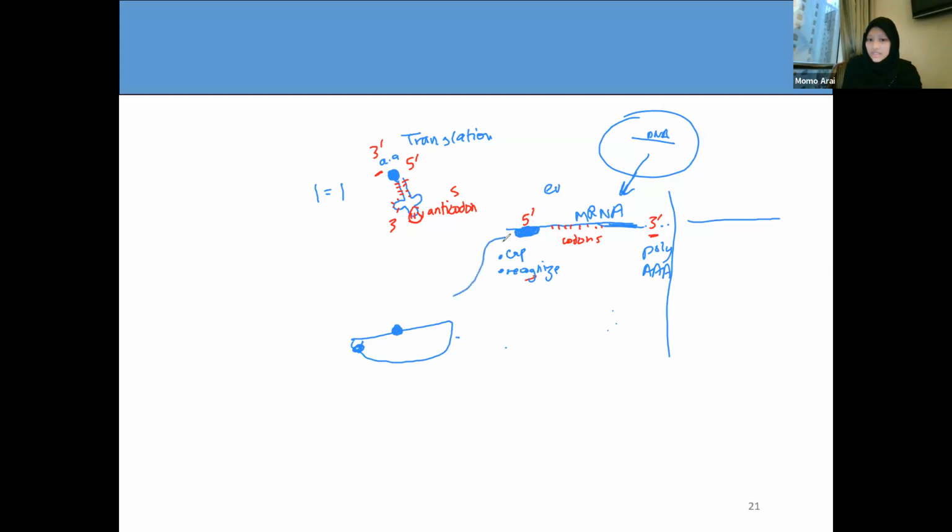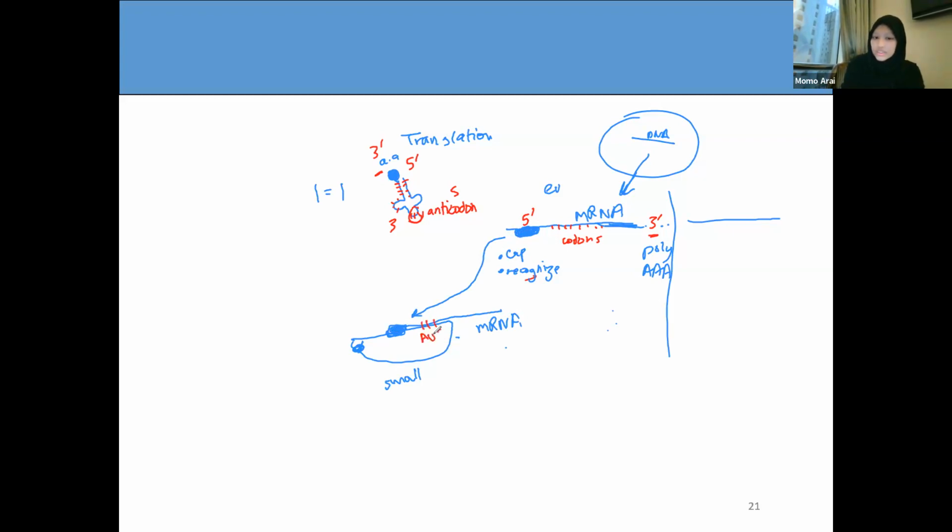So the cap binds to this place. Now mRNA is here, on the small ribosome. Since recognition is the first step, this is the initiation process. Once it binds, AUG would be here.